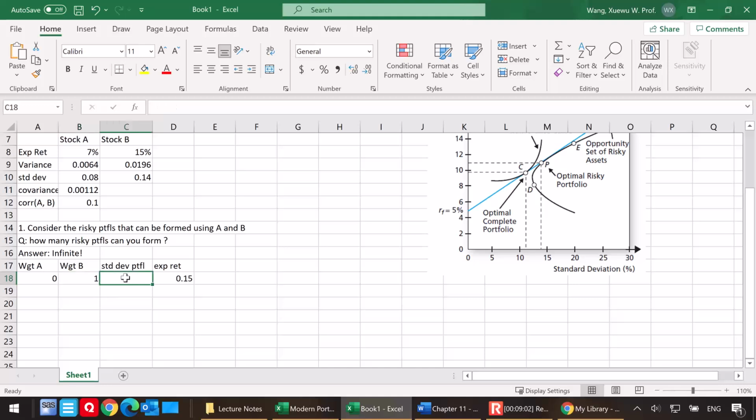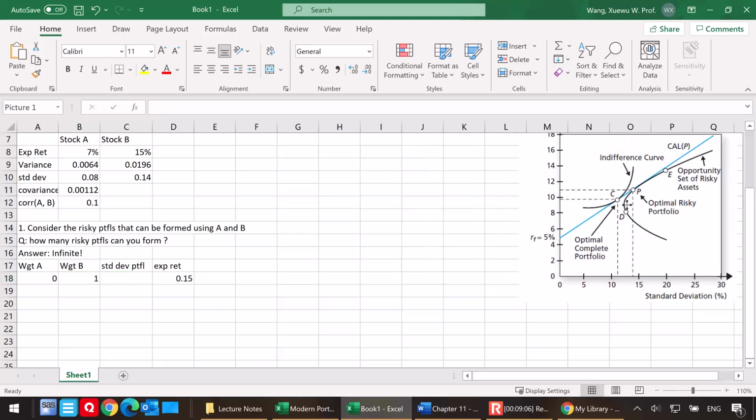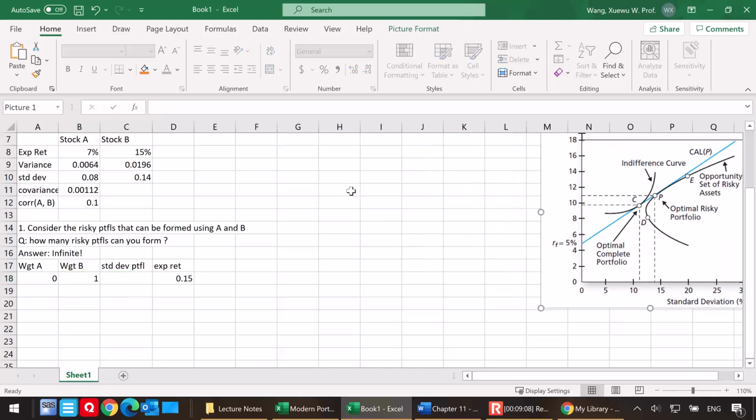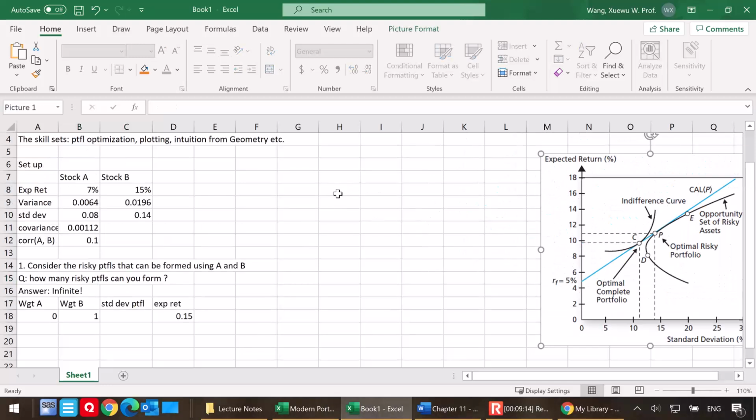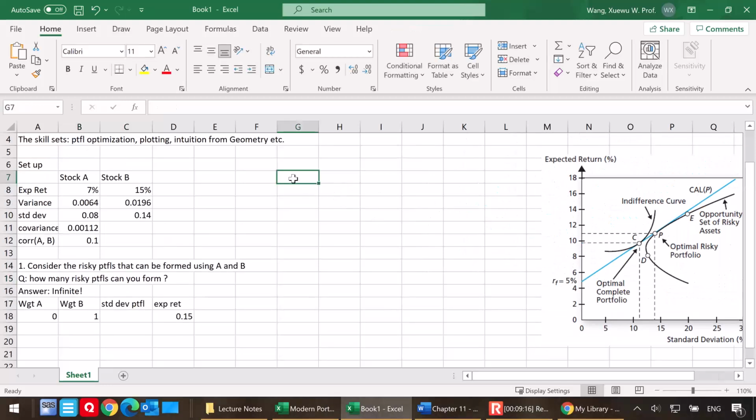So the question here is, what is the standard deviation? Remember, in the previous lecture on risk and return, we discussed how to calculate portfolio variance, and our only approach is the variance covariance matrix.